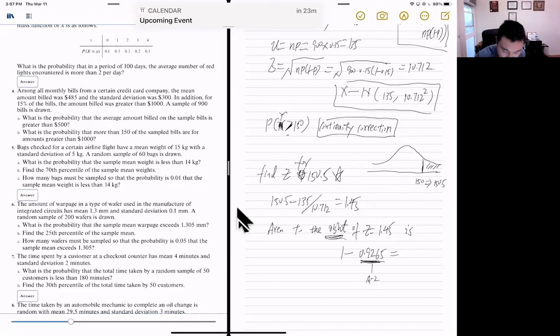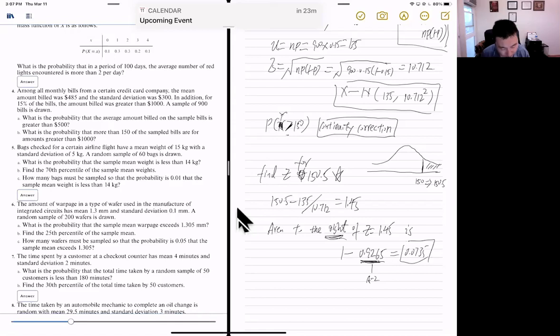So 1 minus that is 0.0735. Okay, so that's the probability. So 7.35% that more than 150 of the bills are greater than $1,000.